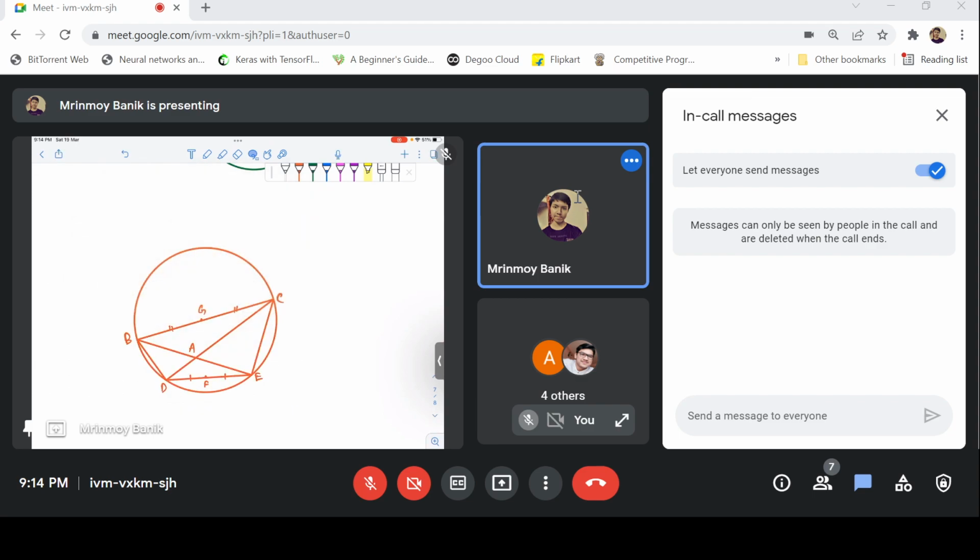So something like that has center at O. So this is the point O.